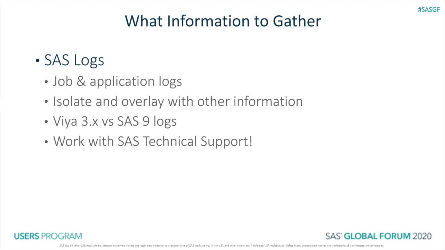We also want logs from the SAS applications that are experiencing performance issues as well. And tech support can work with customers to give them specific instructions on how to turn on debug logging for these applications. And they can actually also provide a few other helpful settings for the SAS job logs as well.